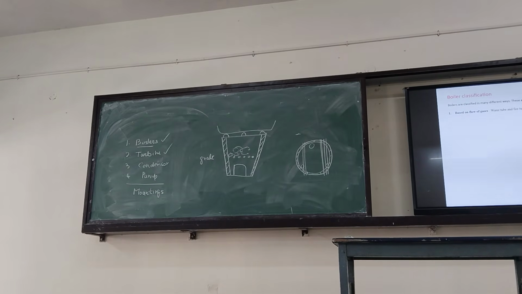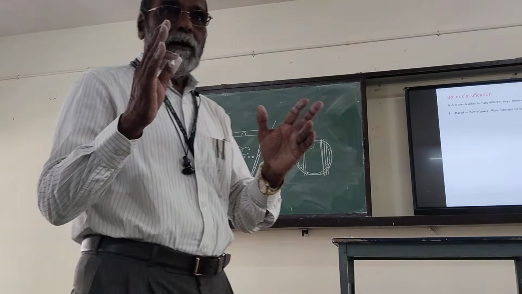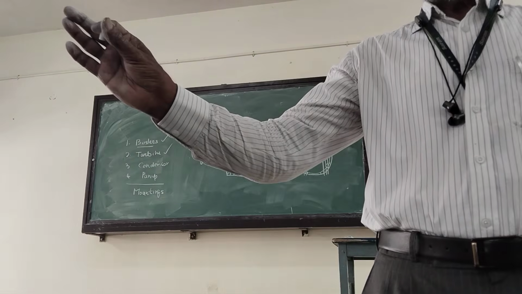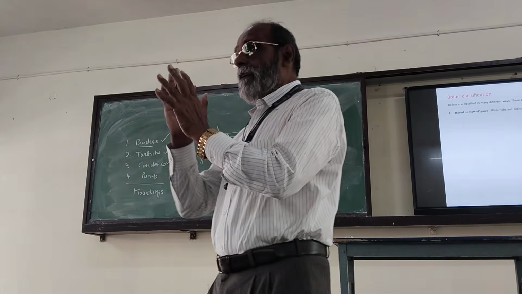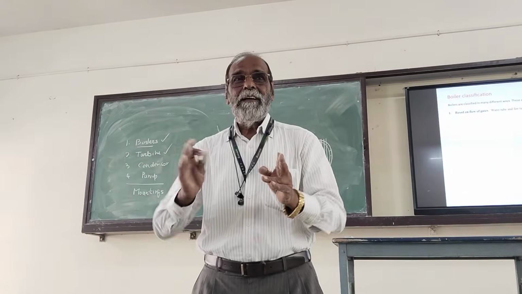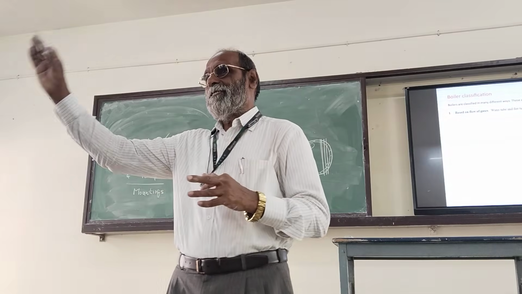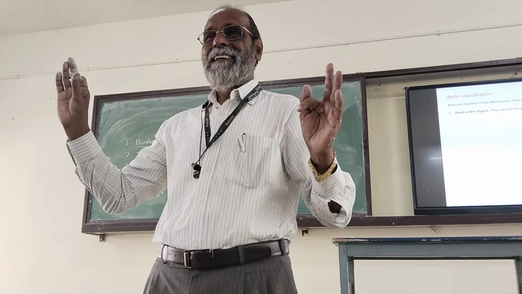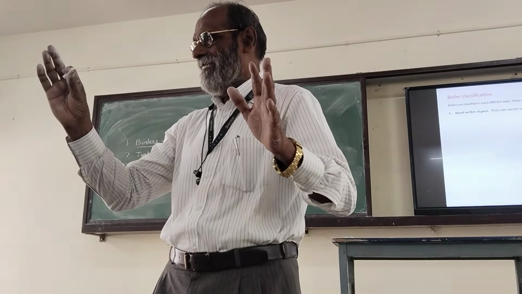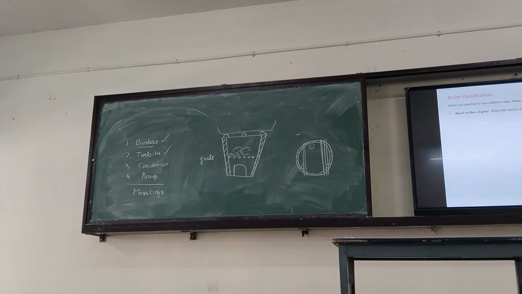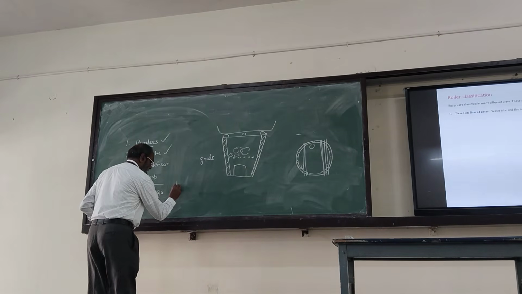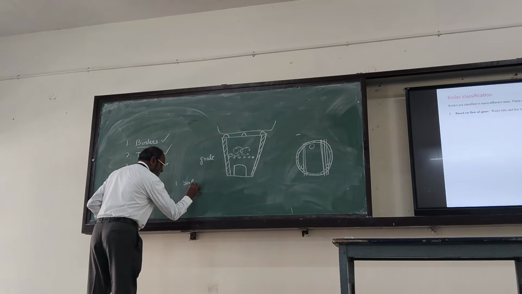You are not supposed to run a boiler without mountings. If you run a boiler without proper mountings, the factory inspector will come, stop your factory, and arrest the chief executive. Legally he is permitted to do so. There are various mountings. One of the first mountings is the safety one, and this also you have seen.